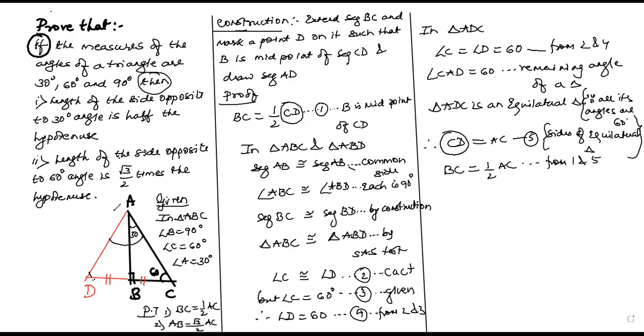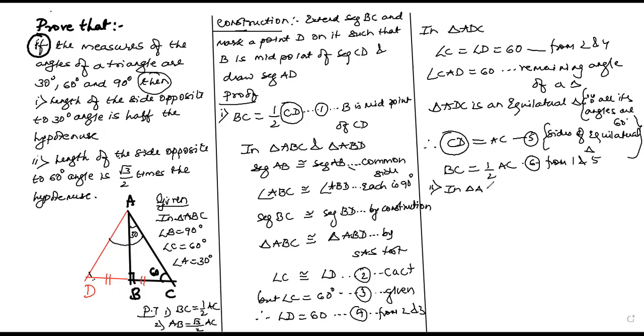Okay, you understood this. Now I want to show the second part. This was the first part. Now the second part: I want to show the side opposite to 60, AB, is root 3 upon 2 times AC. So see what I do, I use Pythagoras theorem in triangle ABC. This is statement number 6.